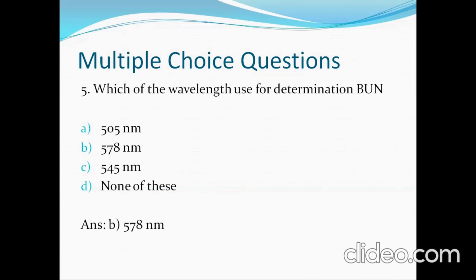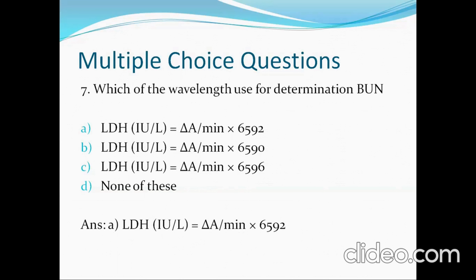Which wavelength is used for the determination of blood urea nitrogen? 505 nanometer, 578 nanometer, 545 nanometer, and none of these. The correct answer is 578 nanometer. Which of the following formulas is used for the determination of LDH?